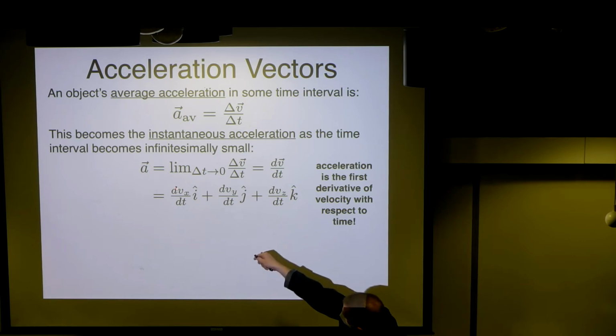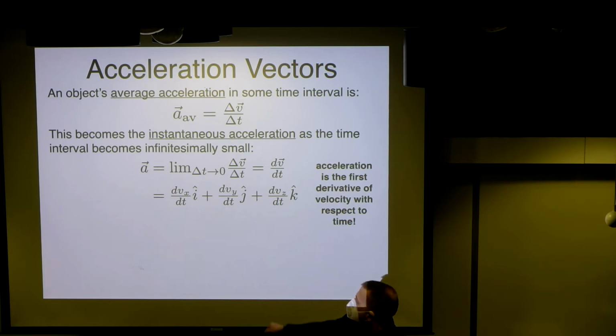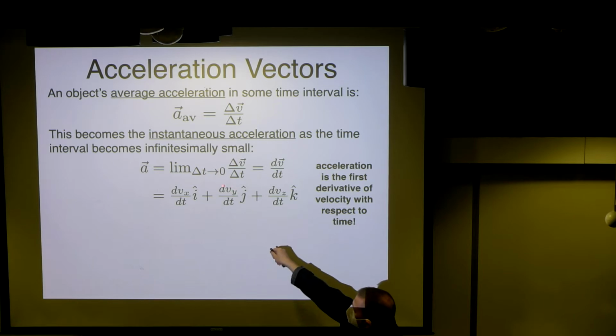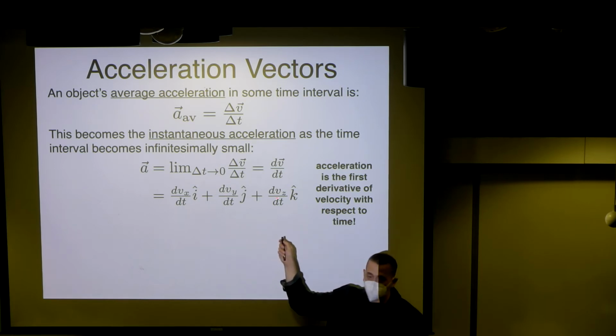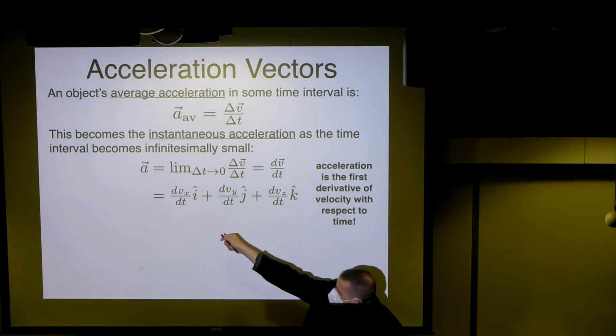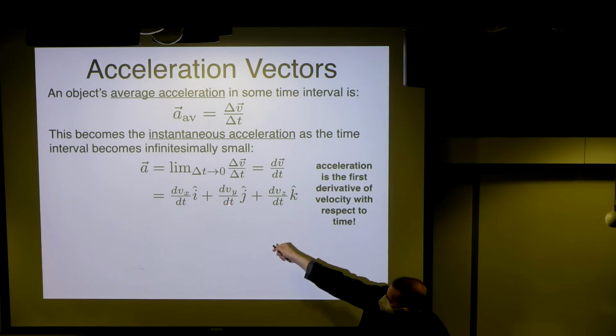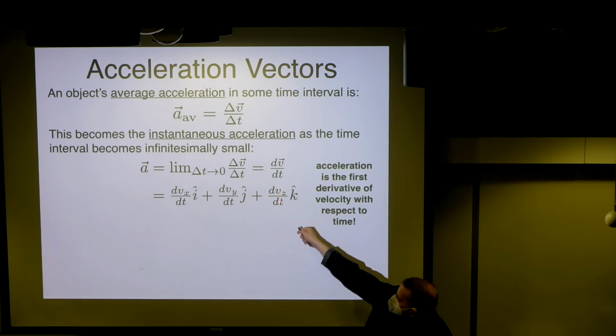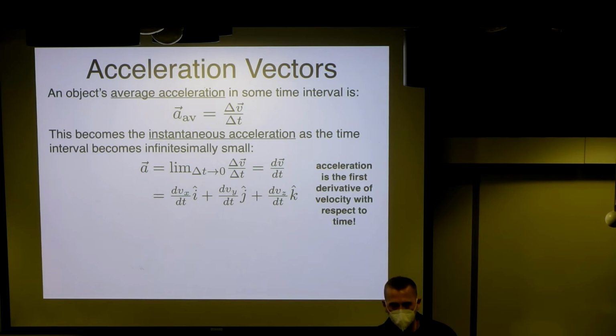So if I take the derivative of my x velocity with respect to time, that's going to give me my x acceleration. If I do it with the y component, that's going to give me my y acceleration. In other words, these components of acceleration are just telling you how my x velocity is changing over time, how my y velocity is changing over time, and how my z velocity is changing over time. That's what I'm trying to show you. But a little bit more calculus, just to nail down the idea.